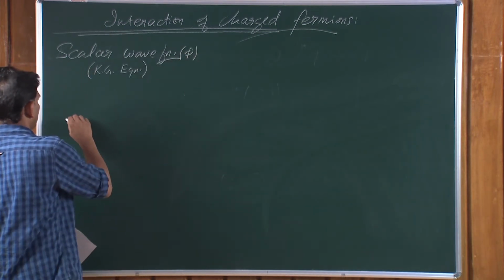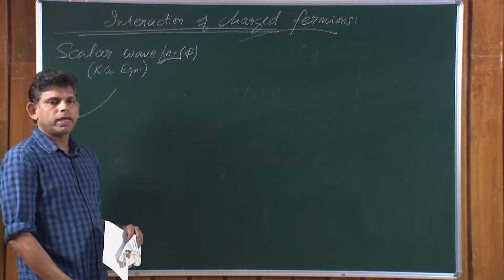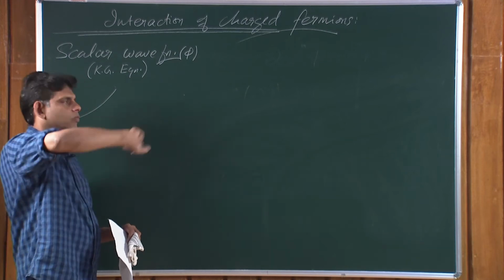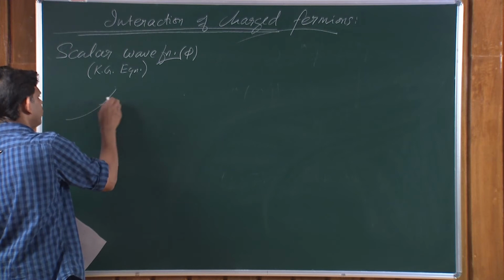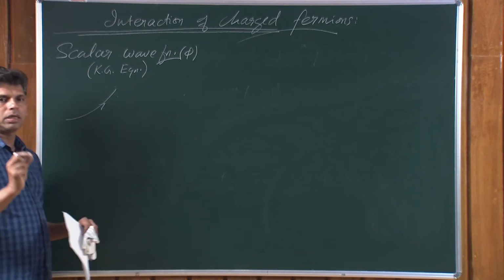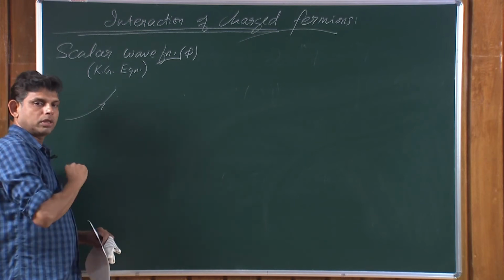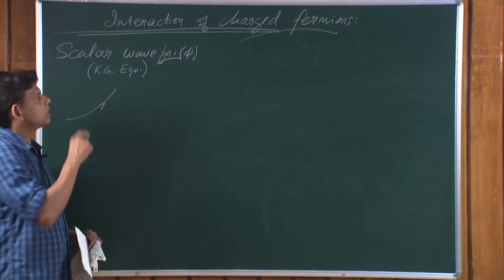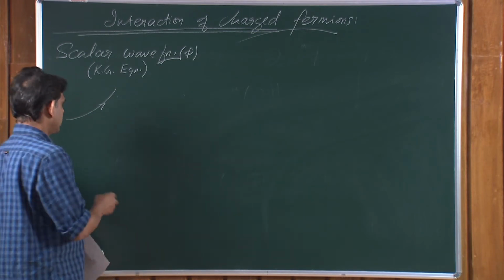Now, when a current of this phi, a phi particle represented by phi, moves, that can be thought about as current. By the way, a complex scalar particle represents the charged scalar particle. Okay.